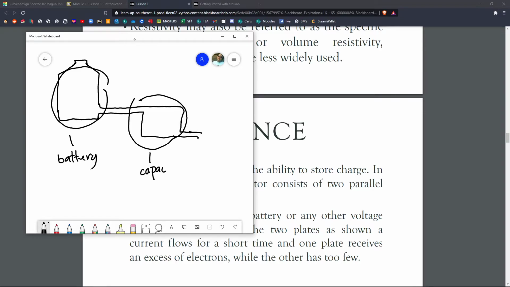What do you think is the difference in function between a battery and a capacitor, based on the illustration shown, in our water tank analogy?